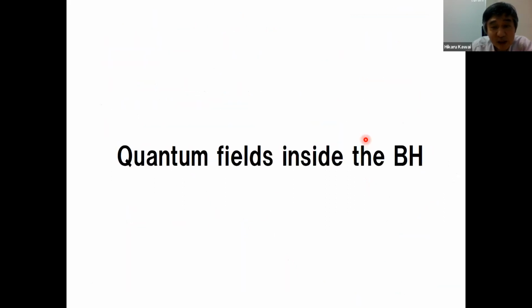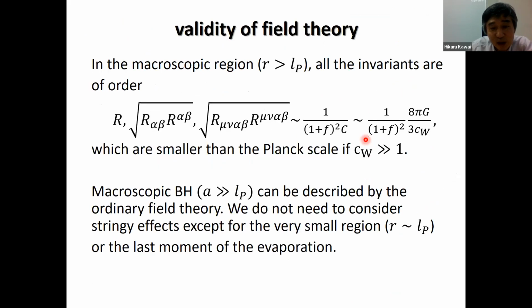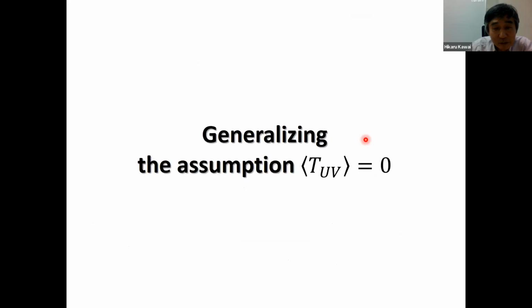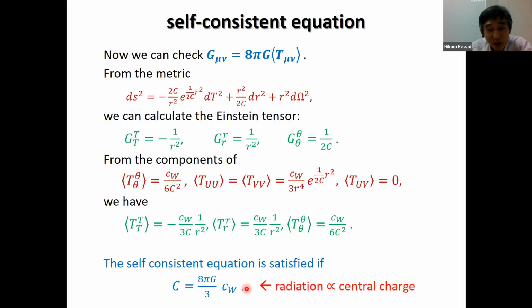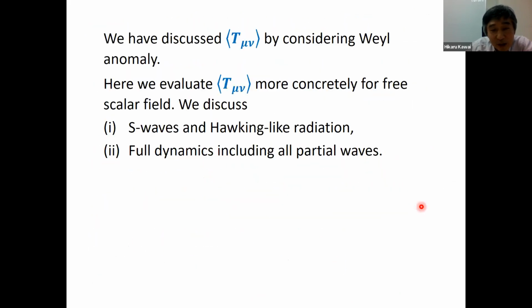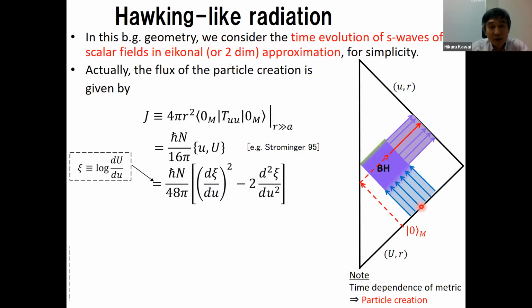Actually, we have already seen that from this argument, there should be radiation. But here we explicitly evaluate the Hawking-like radiation.